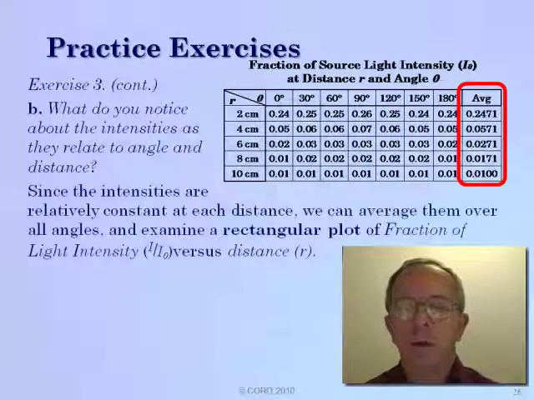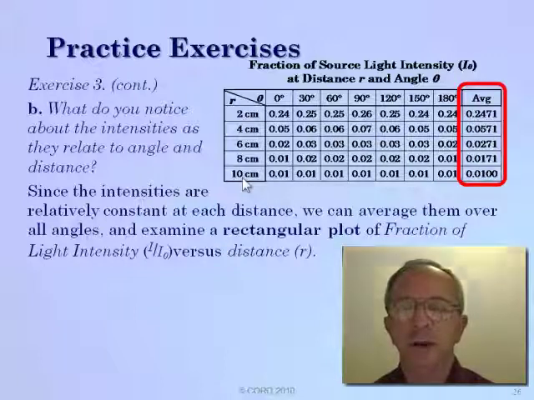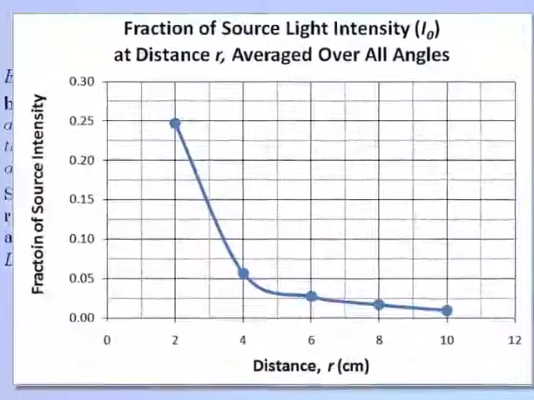So now, what do you notice about the intensities as they relate to angle and distance? Well, since the intensities are relatively constant at each distance, let's average them over all the angles. So we'll add another column to our table, and we'll look at a rectangular plot on a Cartesian coordinate system of the fraction of the light intensity, the average in this case, versus the distance from the source.